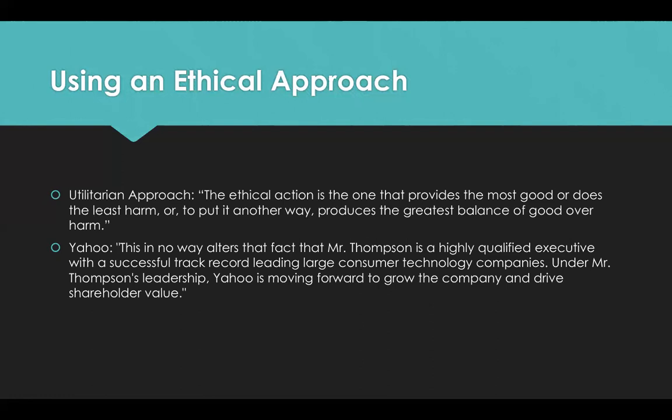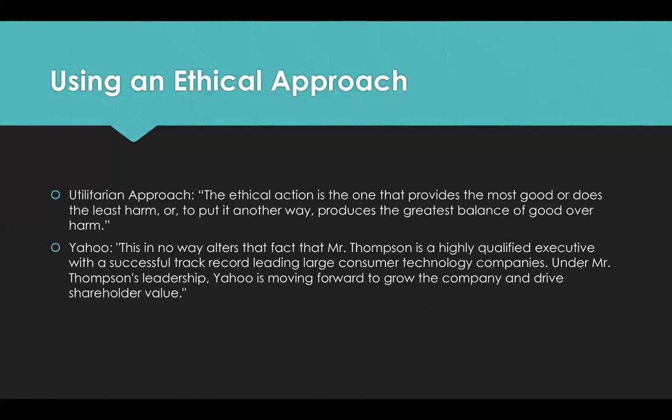And what you do when you're using the utilitarian approach is you weigh the costs and the benefits. So a cost here, of course, they found out their CEO was dishonest. It's not a good look from a PR standpoint. However, what are the benefits? That he's still highly qualified.